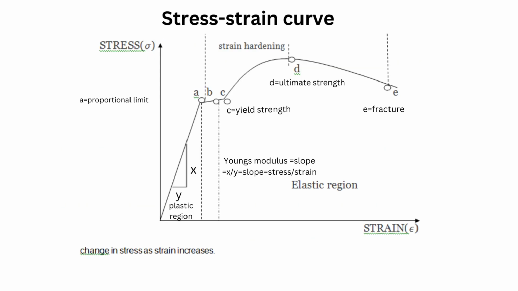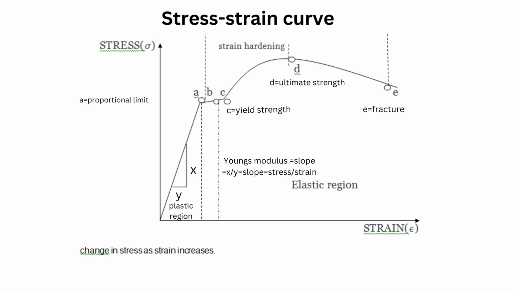Now, the stress-strain diagram: the mechanical properties can be well understood with the help of a stress-strain diagram. I've shown a stress-strain diagram, and the change in stress as strain increases. That is a diagram, and some points are plotted. You can see the elastic region, the plastic region, and Young's modulus is the slope, that is stress divided by strain.